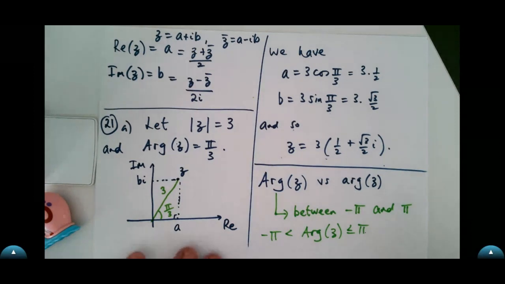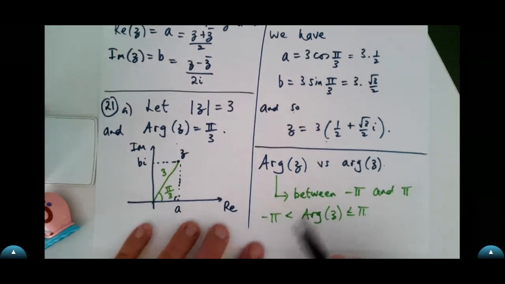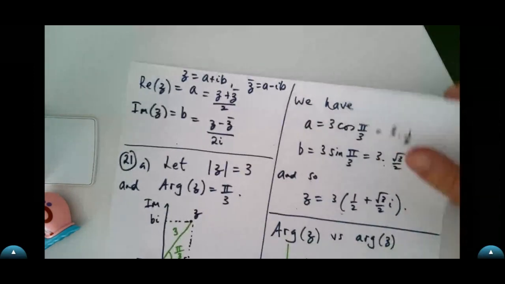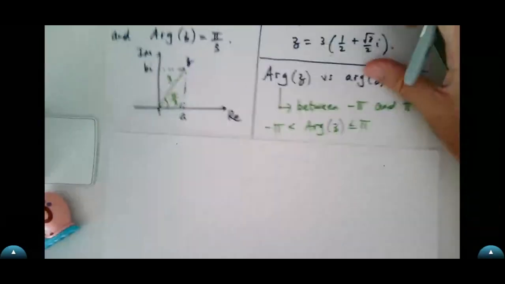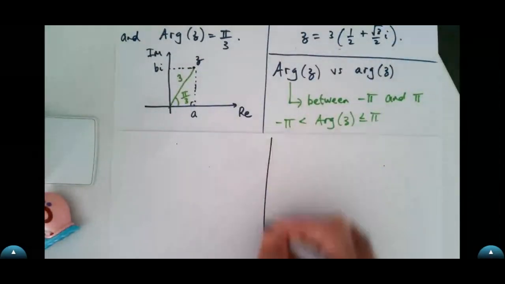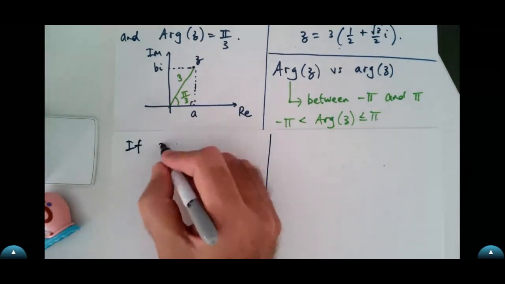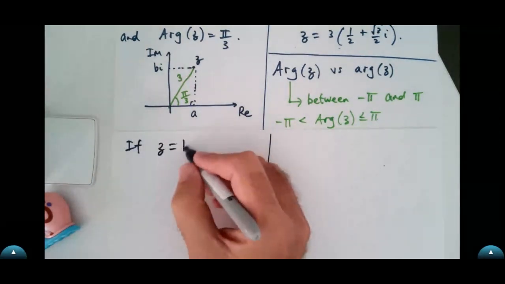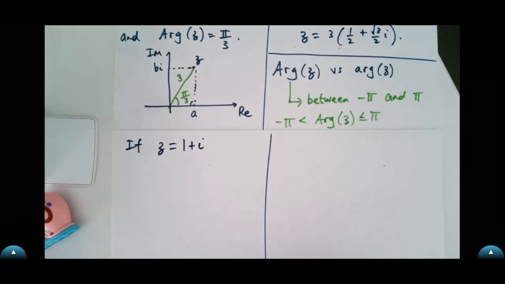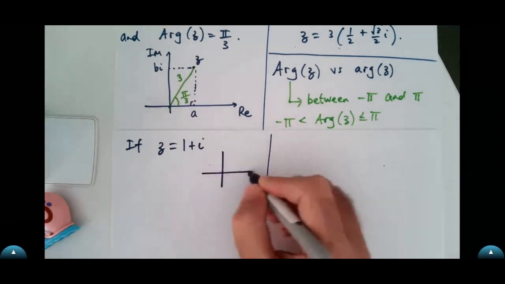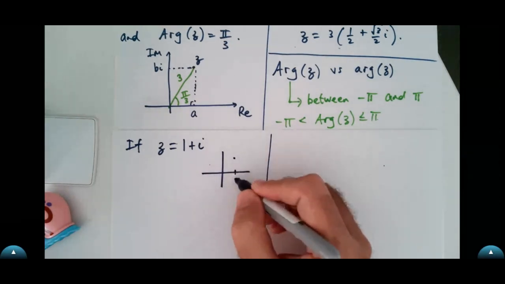Okay, so let me draw a picture here. Let's say I had z equals 1 plus i. So I know where that is. It's somewhere in there.